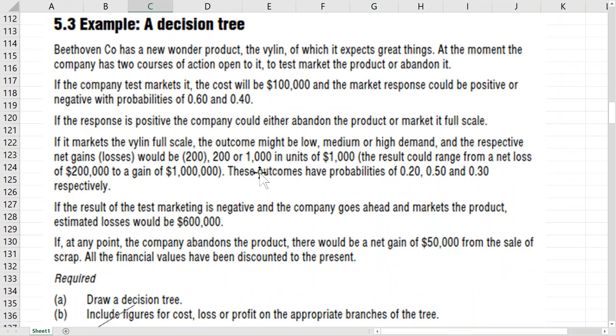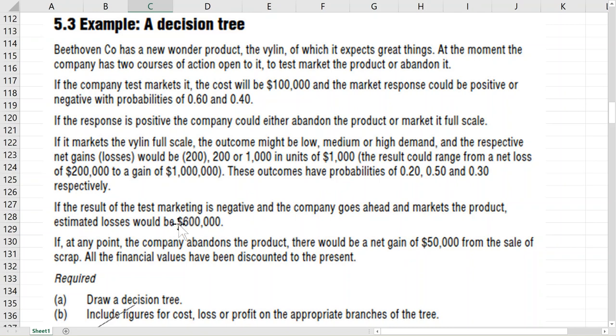If it markets the violin full scale, the outcome might be low, medium, or high, and the respective net gains or losses would be 200 loss, 200 profit, and then 1,000 profit in units of 1,000, which means 200,000, 200,000, and 1 million. The result could range from a net loss of 200,000 to a gain of 1 million. These outcomes have probabilities of 20%, 50%, and 30% respectively.